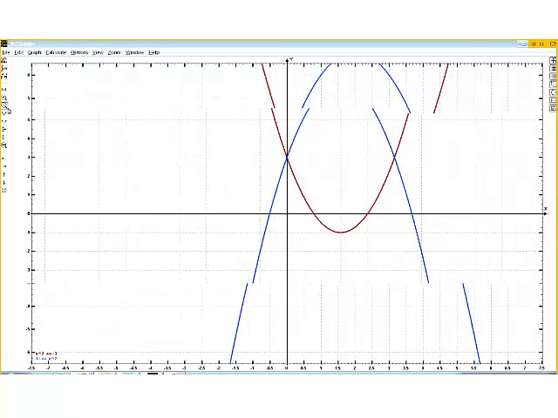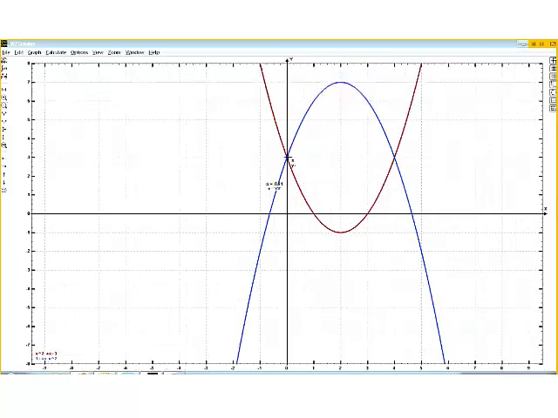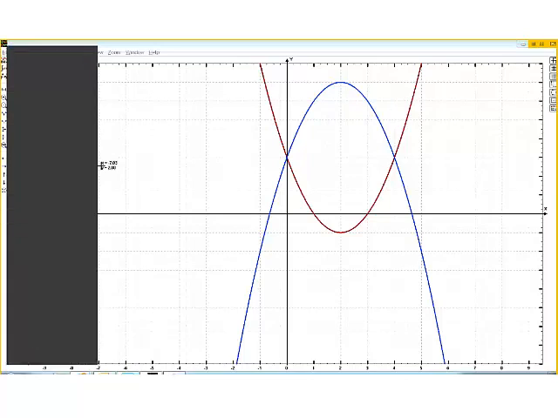So as I advertised, one's going up, one's going down. So you can see they intersect here at 0 and at 4. But we'll prove that analytically. So the one pointing down is the one that's going to be on top. We're going to subtract this one from that one.